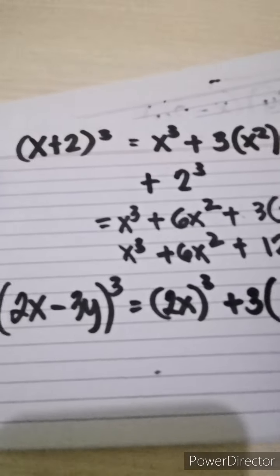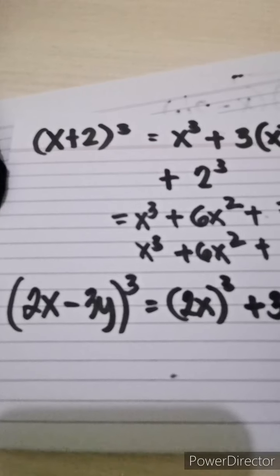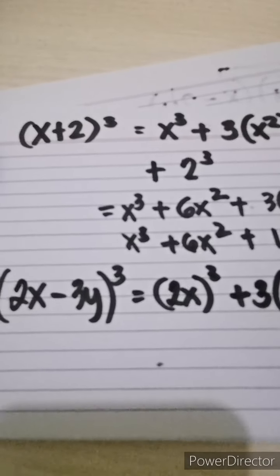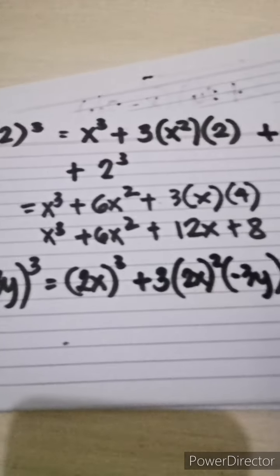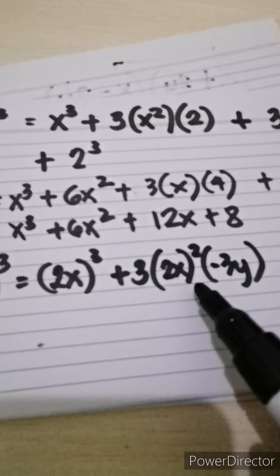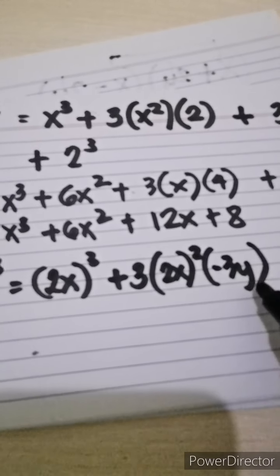And then, square of the first term. Square muna natin yung first term. Multiply natin dun sa second term, which is negative 3y. Again, 3 times the square of the first term times the second term.